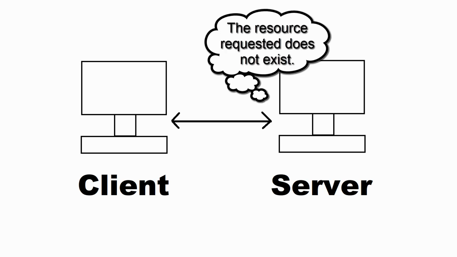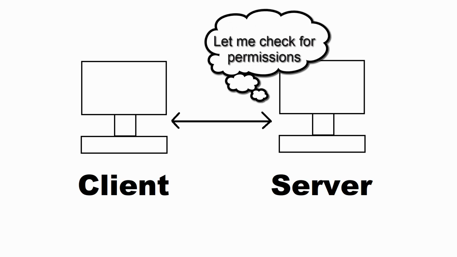If the file does exist, it checks whether the user who is trying to access the resource has authenticated with a username and a password or some other means, and if the user has the permission to access that specific resource. If not, it straight away tells us that you do not have permission to access this resource.